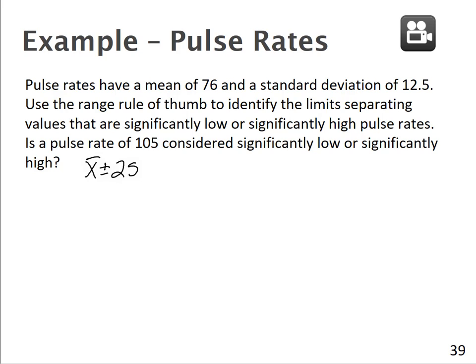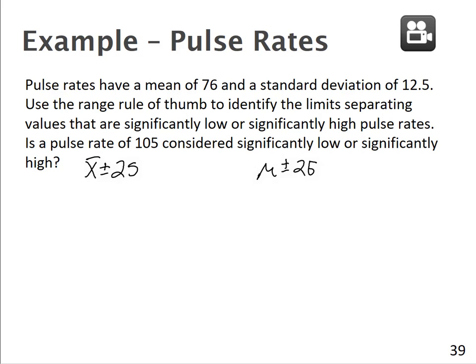For a population, it's the same definition, except instead of x bar, we have a population mean, which is going to be mu. And then I take plus or minus 2 times sigma, or 2 standard deviations. So we have to determine what this problem gives us. Am I given a sample or a population?